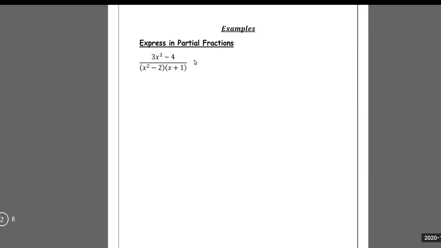It's going to be equal to, since it cannot be factorized, ax plus b over x squared minus 2 plus c over x plus 1.